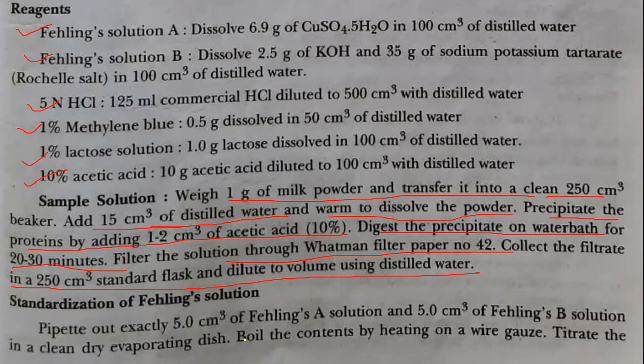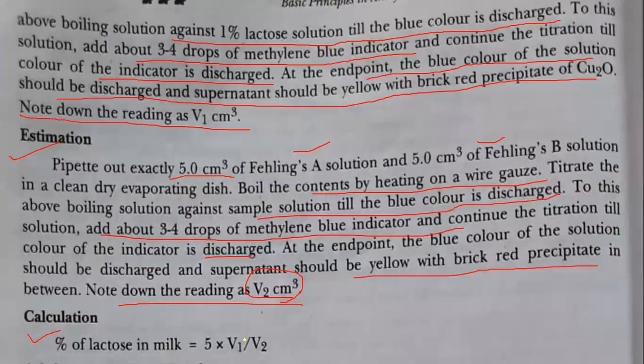Now, standardization of Fehling's solution. Take 5 ml of Fehling's solution A and 5 ml of Fehling's solution B in a dry evaporating dish. Boil the content by heating on a wire gauze. Then titrate the boiling solution against 1% lactose solution till the blue color disappears.